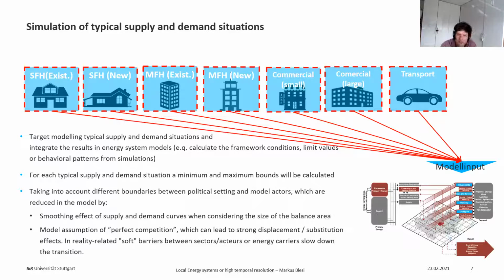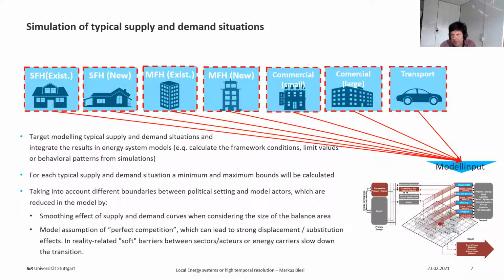For these typical supply and demand situations, we make a simulation beforehand, and with this simulation we want to calculate the framework conditions of the different typical supply and demand situations. We want to find limited values or behavior patterns from the simulation, which we take into account.